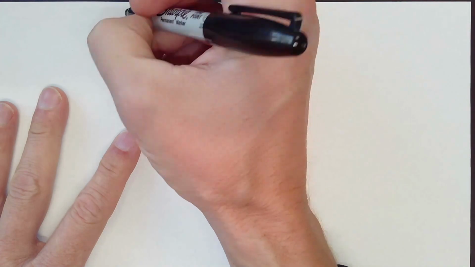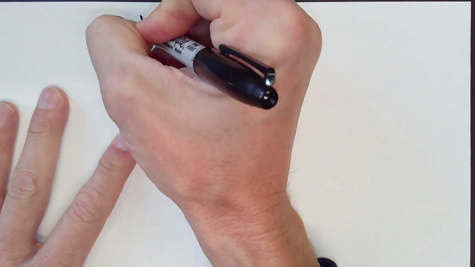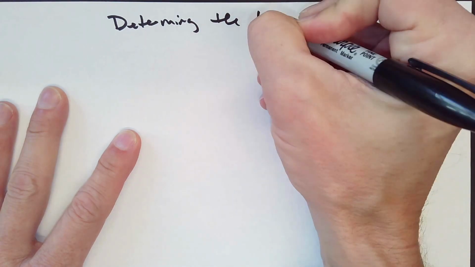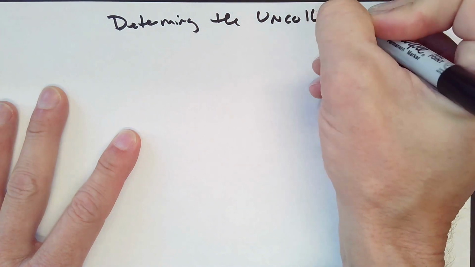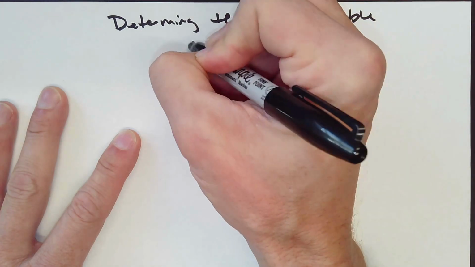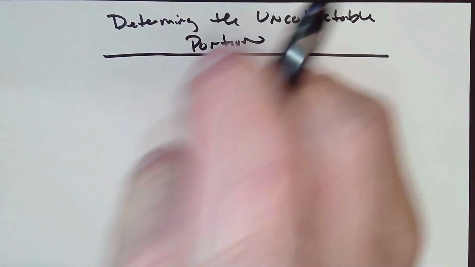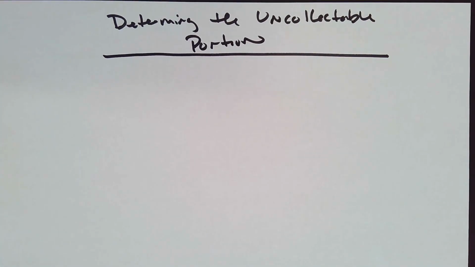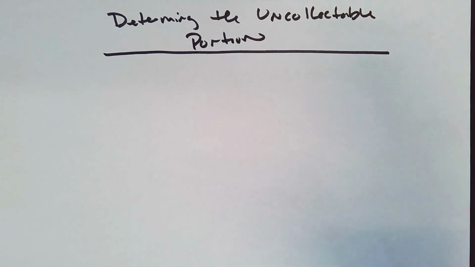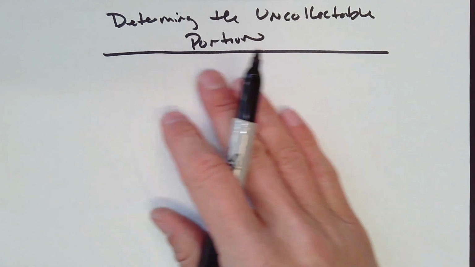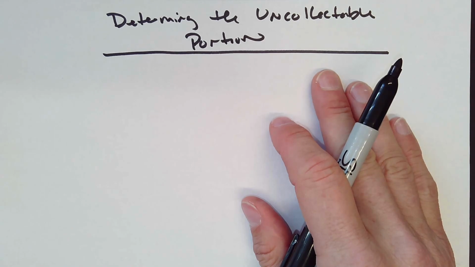So this is determining the uncollectible portion. That's what we want to try to find out. How much of my outstanding accounts receivable are uncollectible?